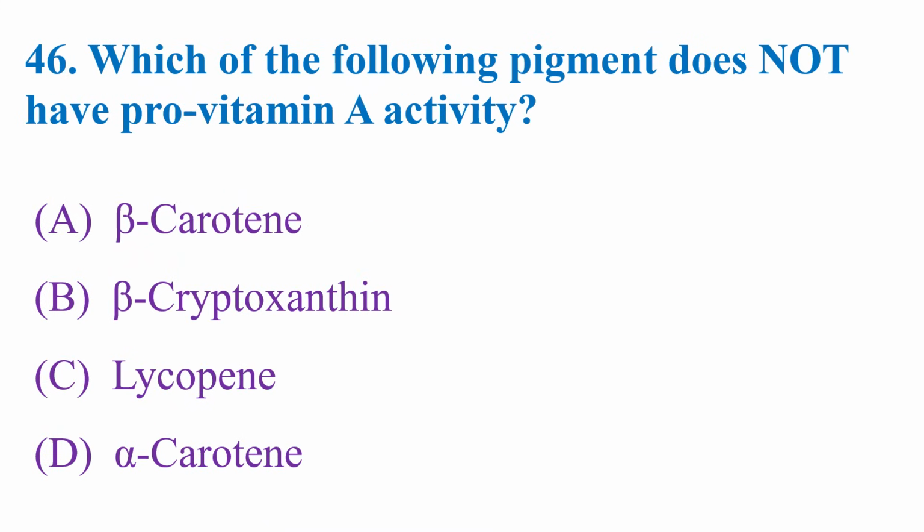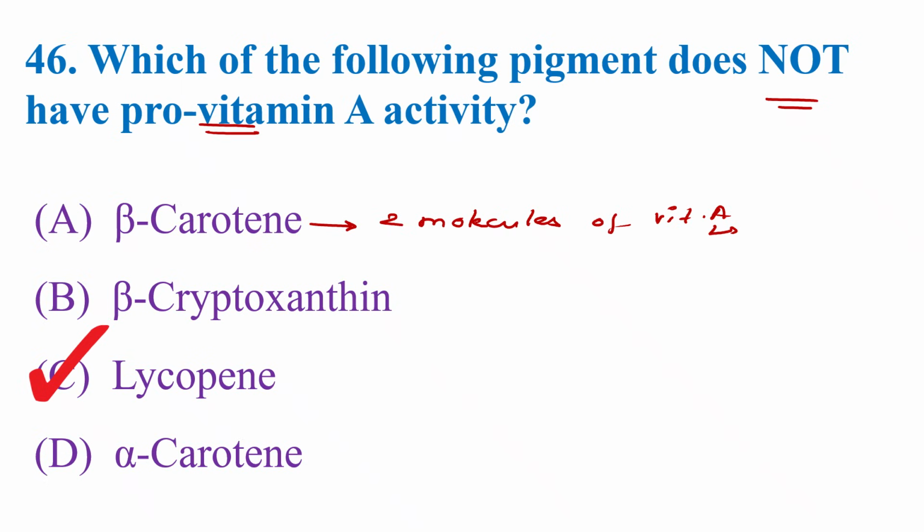Which of the following pigments does not have provitamin A activity? Our first option, that is beta carotene. Beta carotene has a strong provitamin A activity, since it can be cleaved in the body to form two molecules of vitamin A, that is retinol. Next, beta cryptoxanthin.